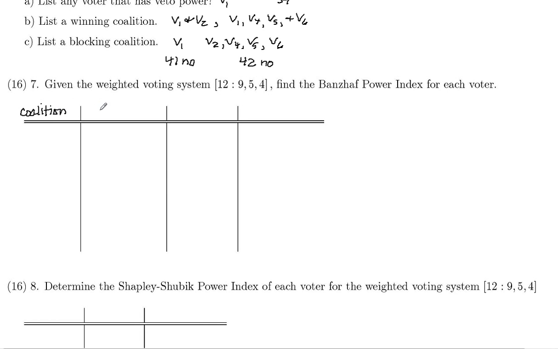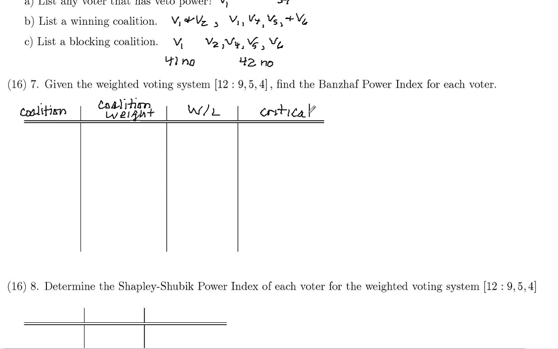And then you list the coalition weight. So you add the number of votes together. And then you tell me, is it win or lose? And then you identify critical voters.